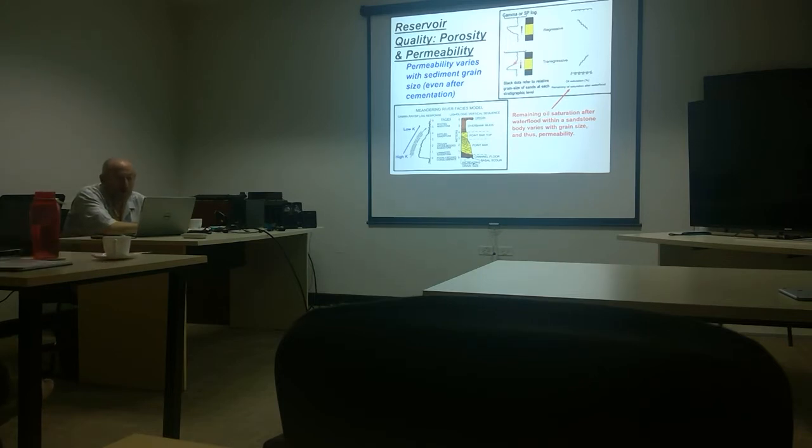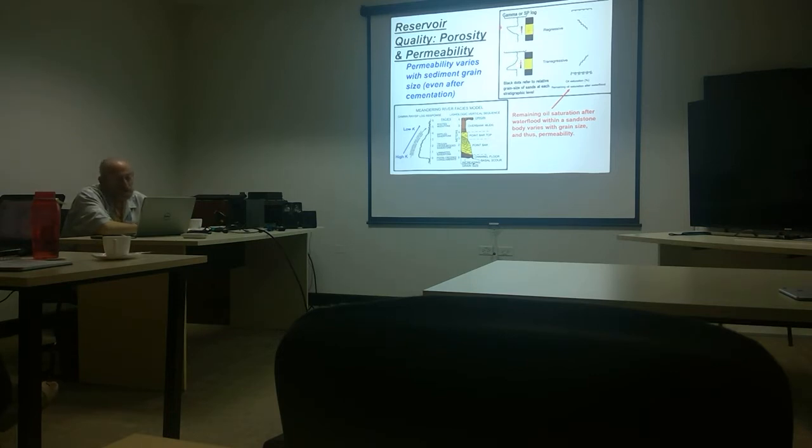And this is something that is often left or upscaled out when you're doing a reservoir model. You'll say assume a constant permeability, for example, when in almost all cases that's not true. You get this sort of gradation as a function of grain size.